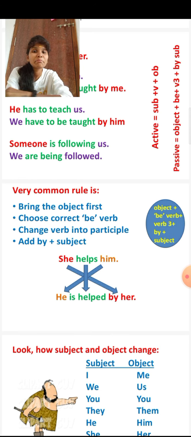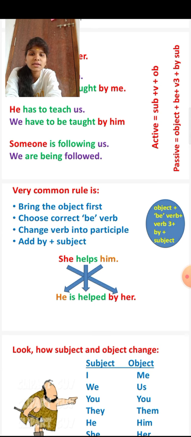Next, add a preposition. Sometimes the preposition may be by, and sometimes it may be to also, so don't depend on the preposition only, focusing on by. And again the subject. So the steps are: first, bring the object first, and after that choose the correct be form, change the verb into participle, and the final one is by plus subject.